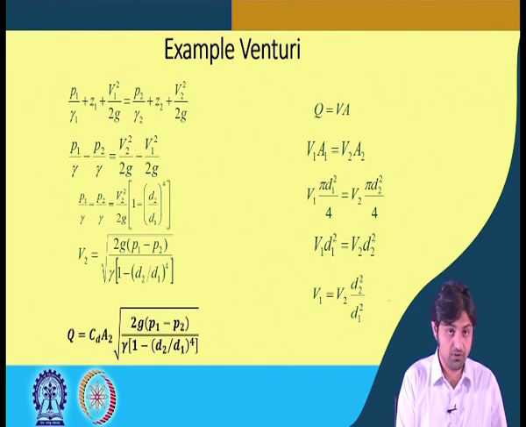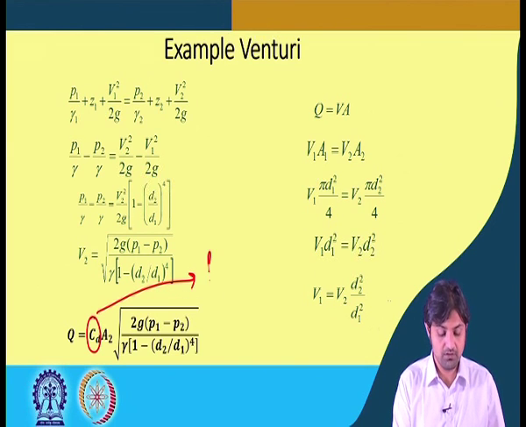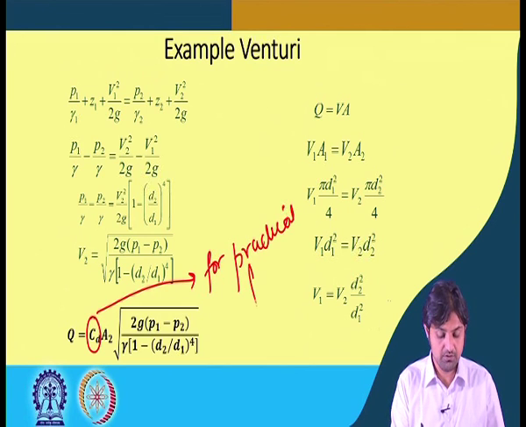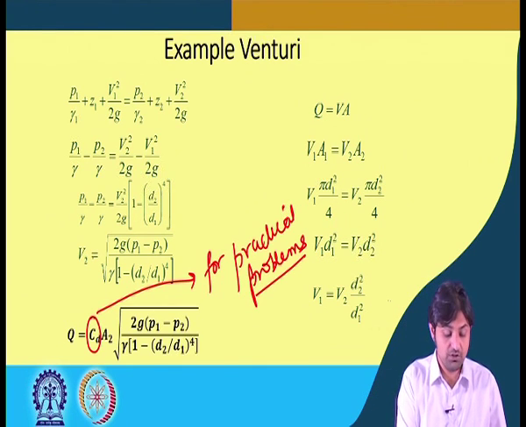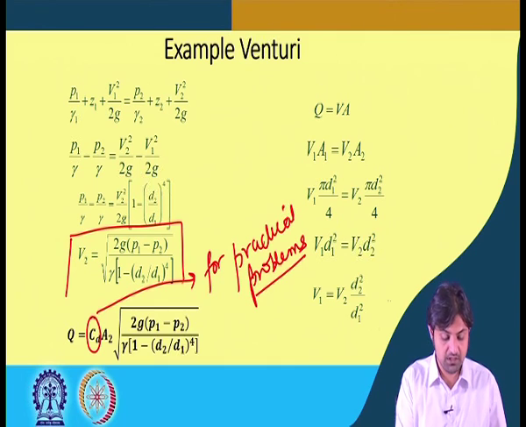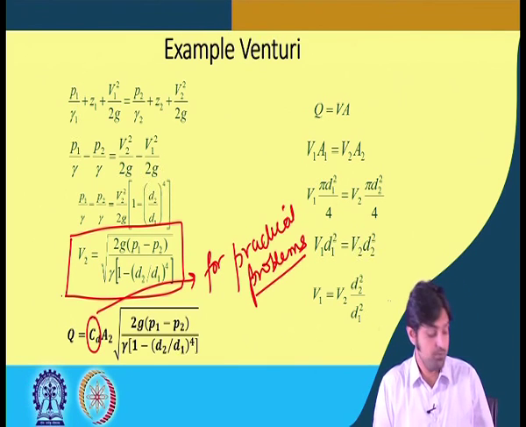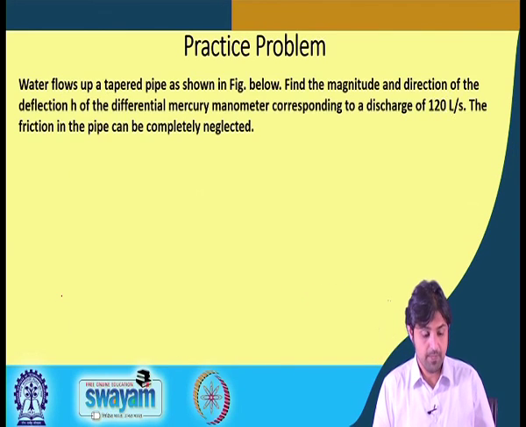We have this term CD, that is for practical problems, a coefficient that you determine in experiments, but anyways this is theoretically the main method. P1 and P2 you can obtain from how much the fresh water has risen into the tubes.